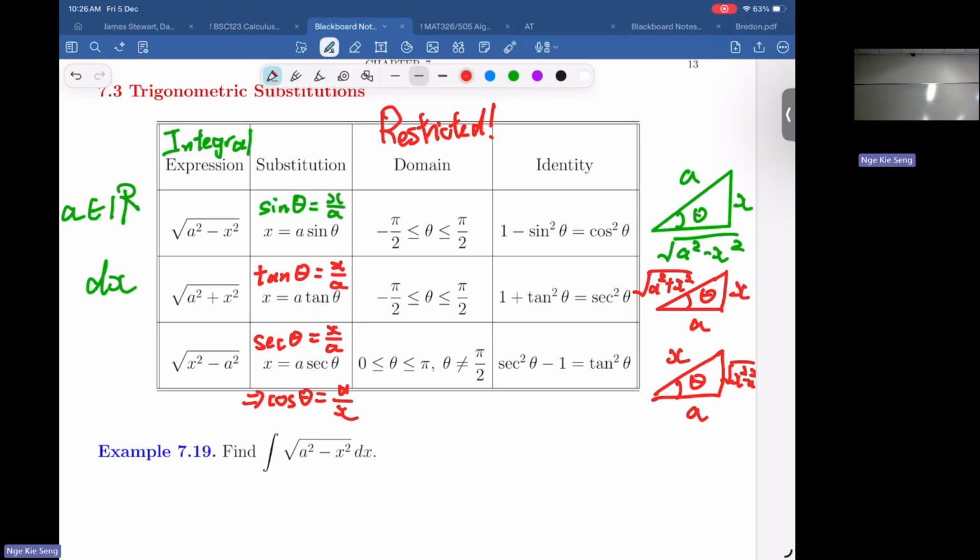Which pi over 2 do you want to take? This is the problem. So we fix it such that there's only one appearing in that region, such that it is injective in one region. For example, in negative pi over 2 to pi over 2, you get something like this.